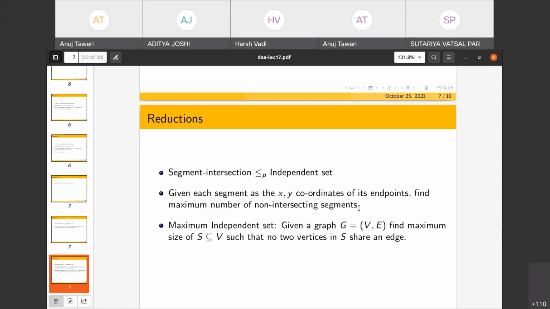So how can I do this reduction? So from these x, y coordinates of the endpoints, I want to construct some graph.